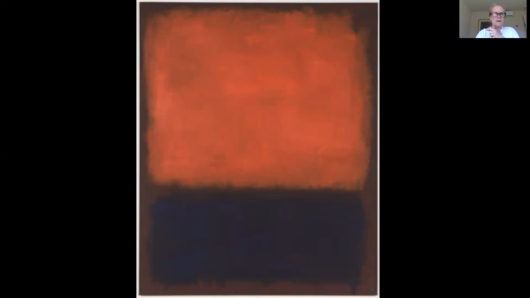And Mark Rothko, one of his later paintings that you can see here, was very successful, but his work got darker and darker as he descended into the depths of depression, and eventually he killed himself, which is very, very sad, because his work spoke to so many people.